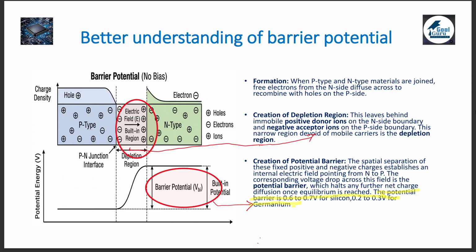This barrier potential is generally 0.6 to 0.7 volts for silicon and 0.2 to 0.3 volts for germanium, which we will study more when we study the PN diode.